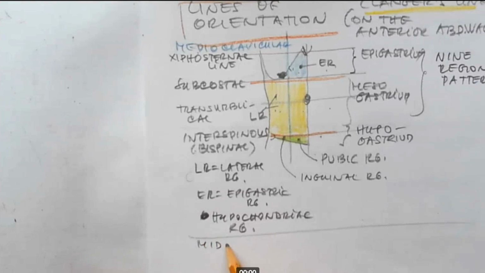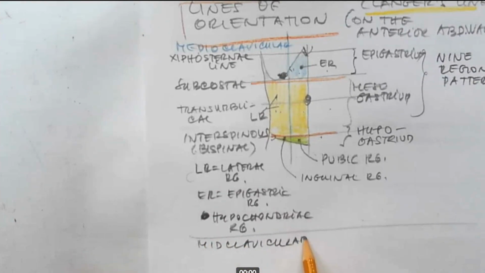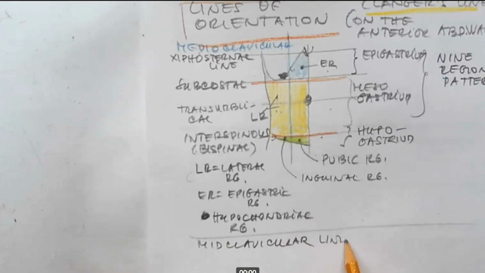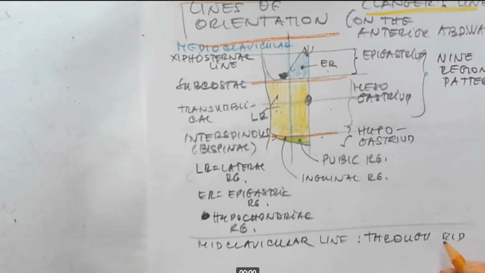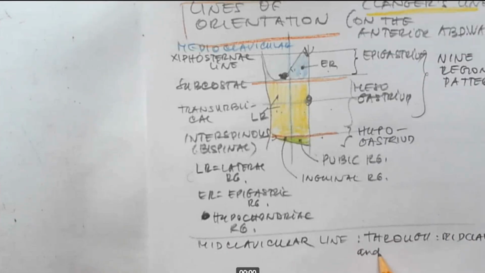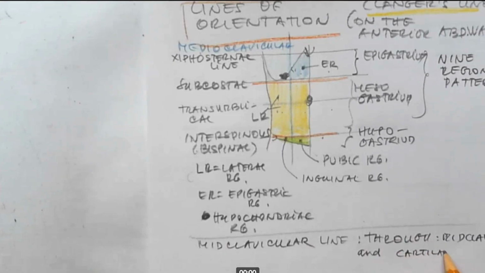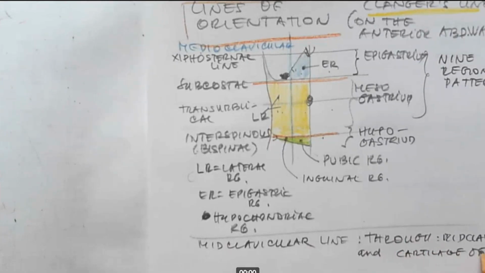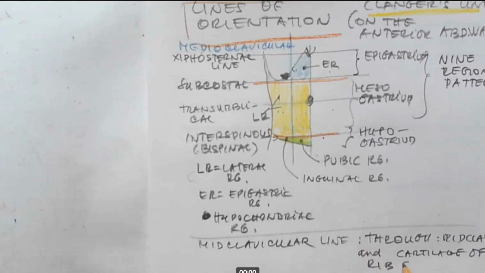The mid-clavicular, or medioclavicular, both terms, the clavicular line passes through the midpoint of the clavicle, and also the cartilage of rib 9.